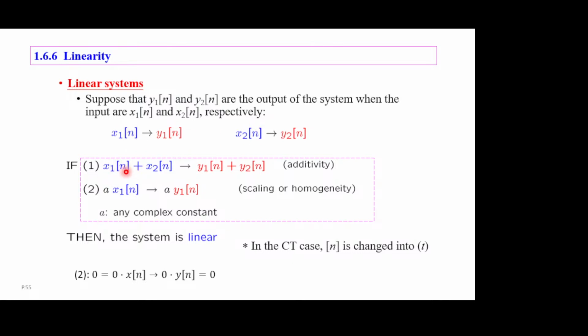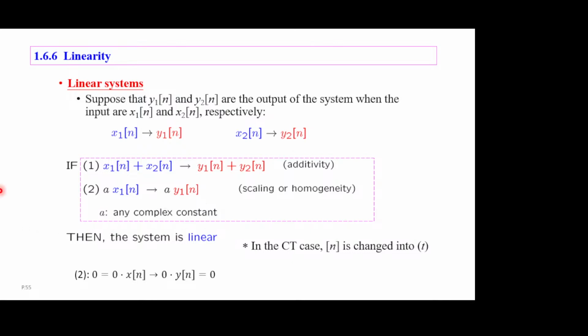Okay, and that's the first property of linearity, and the second property of linearity is that if you multiply your signal by whatever number a, then the output signal is also a times the original output. So you scale your input by a constant, then your output will scale by the same constant. And this constant is any complex number.